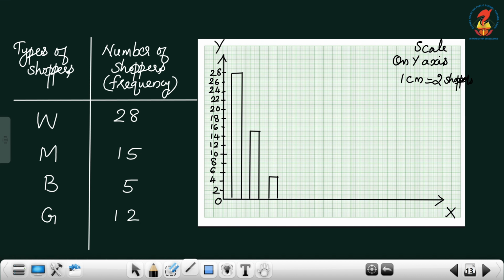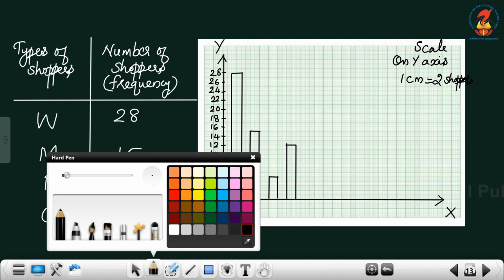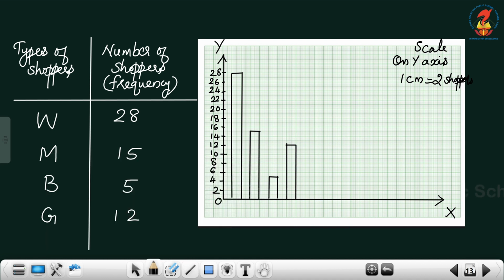Leave 1 square box and then mark 12. Then the first one W, then the next one M, then it will represent B, then G.